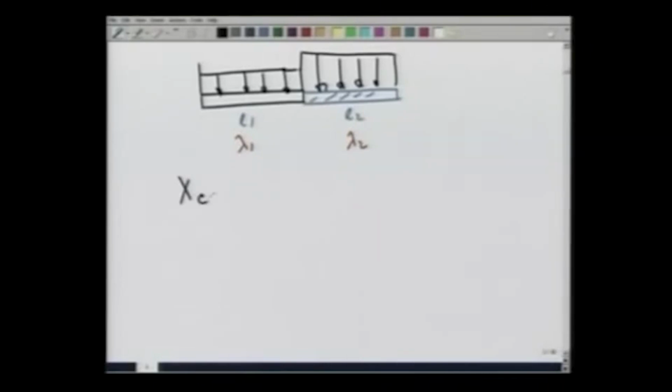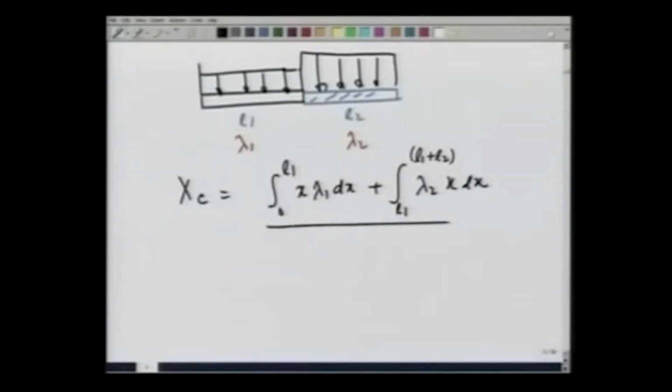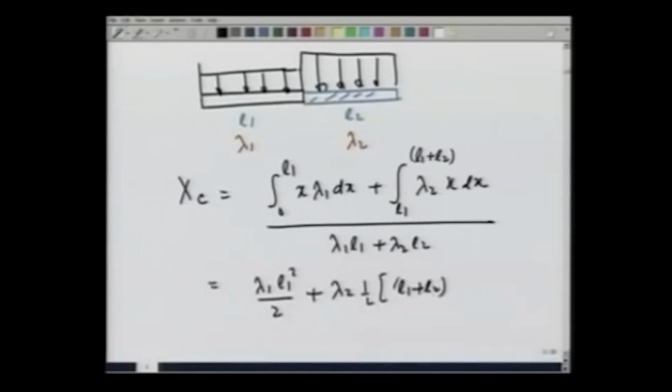The center of gravity is the integral from 0 to L1 of lambda 1 x dx plus the integral from L1 to L1 plus L2 of lambda 2 x dx, g we have already cancelled, over lambda 1 L1 plus lambda 2 L2, and this comes out to be lambda 1 L1 squared divided by 2 plus lambda 2 times 1 over 2 times ((L1 plus L2) whole squared minus L1 squared), divided by lambda 1 L1 plus lambda 2 L2.